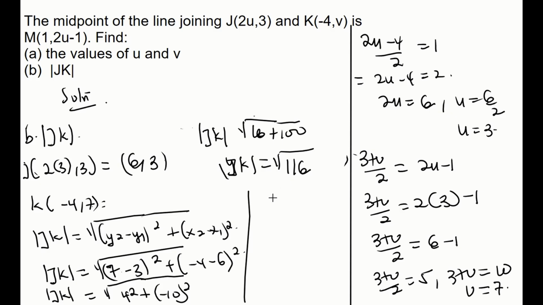That is what we should get, but we can still break that down. The square root of 116 gives us 2 root 29. Then this gives you the magnitude of JK. You can still simplify this into decimals, but it will give you 10.77, or 10.7708.